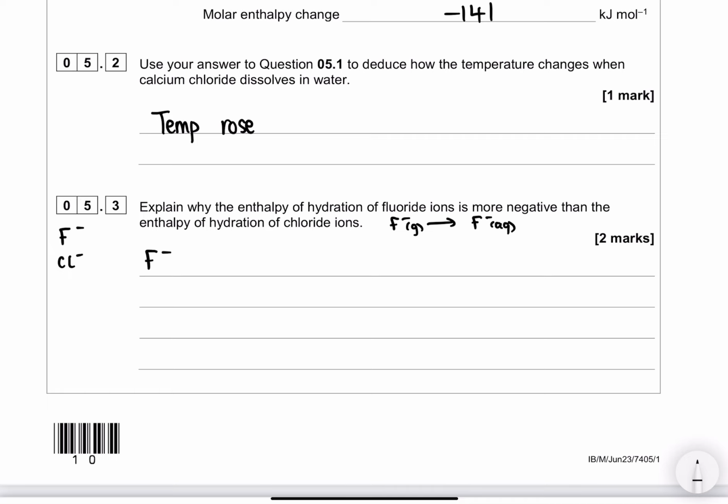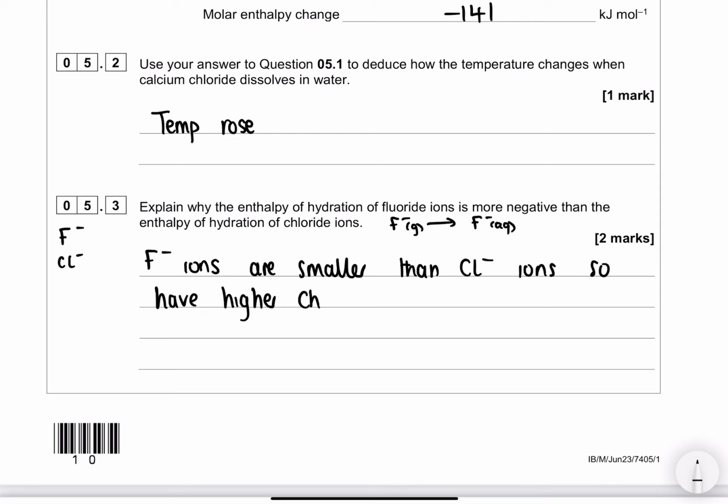So F minus ions, be careful not to say fluorine, fluoride ions are smaller than Cl minus ions, so have higher charge density and as a result can form stronger attractions, because dissolving in water is about attracting something in water.